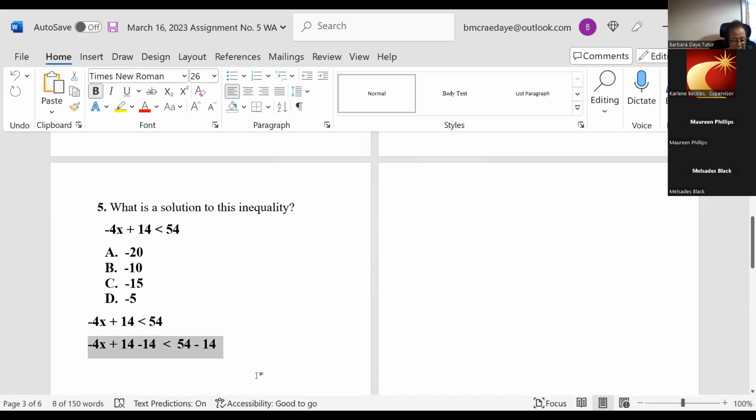Take out the plus 14 minus 14, that gives you 0. So what do you have on the right side, Mercedes? Minus 4x is less than 40. Okay, so 54 minus 14 gives you 40, right? So let's just put 40 here. So now the second step. How do we solve for x?